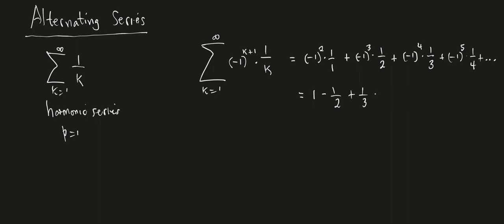And then the next is going to be a minus 1/4, and then plus, dot, dot, dot. And so you can see what happens. Look at the signs. They now alternate between positive and negative, plus, minus, plus, minus, plus, right? Just by putting this additional factor in. In fact, some people refer to this as the alternating factor.